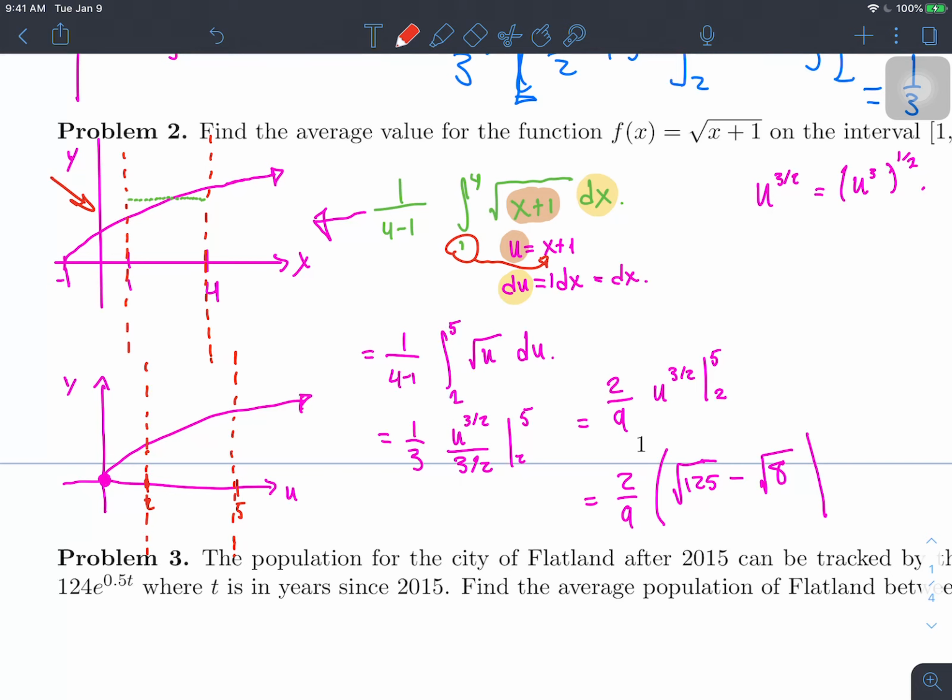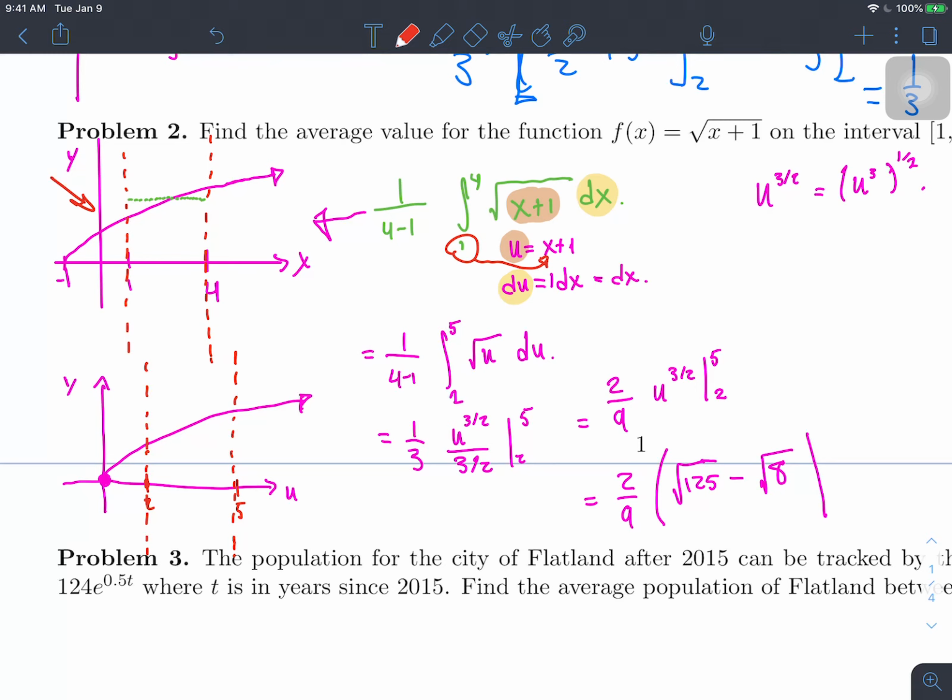Okay. Are there any questions about how I did this problem? Can I get an honest answer from the class? Did u substitution occur to everybody who did this problem? Let's have a show of hands if u substitution occurred to you. Okay, thank you for being honest. There's not too many people. So how did you do the problem then?